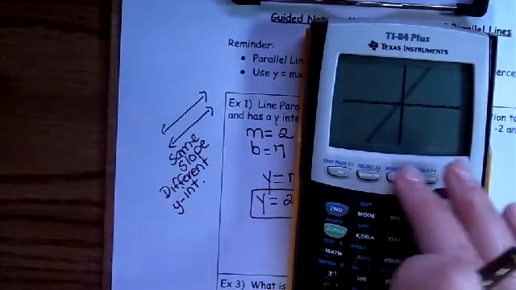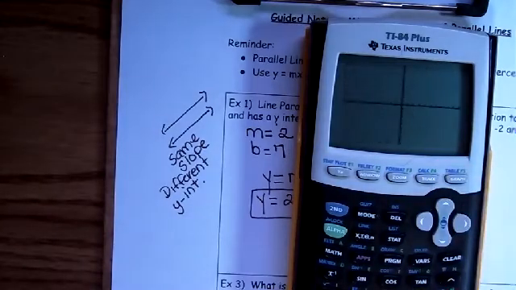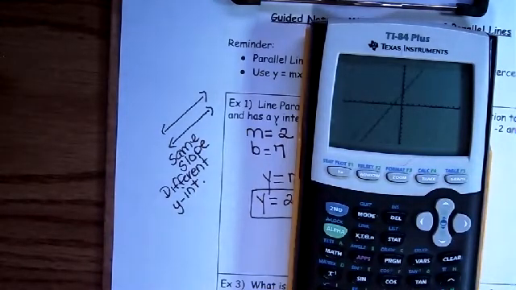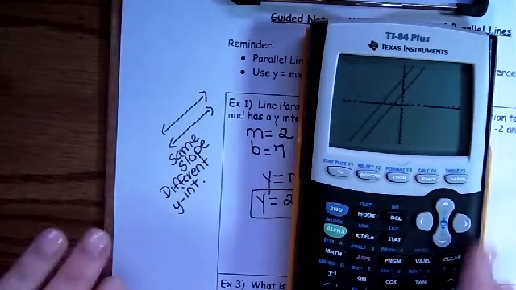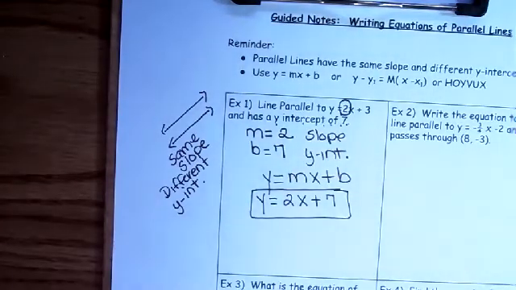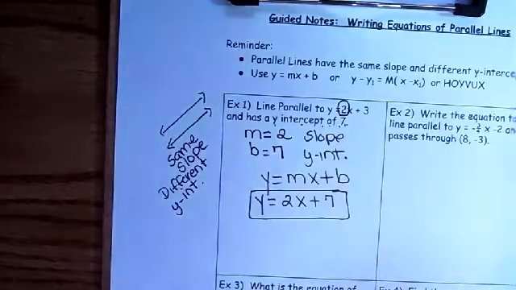Okay, let me fix my window. You're going to see parallel lines. There you go. So you see the parallel lines. That's just to kind of prove that they do make parallel lines if they have the same slope and different y-intercepts. Okay? Now, that's the easiest way when they tell you the slope and the y-intercept.